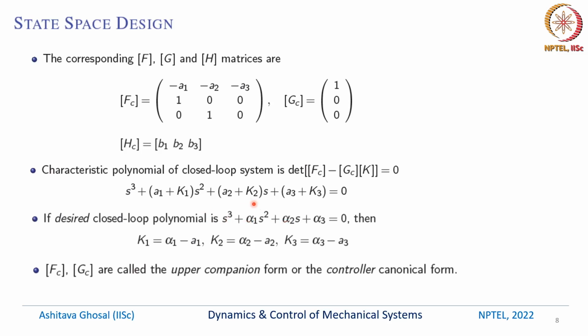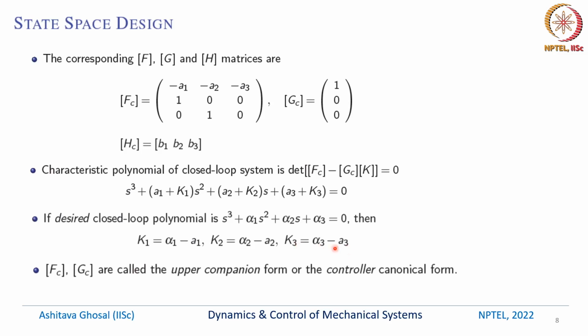If the desired polynomial is, let's say, another cubic, s cube plus alpha 1 s square plus alpha 2 s plus alpha 3 equal to 0, then we can just compare these two cubic equations and very easily see that K1 is alpha 1 minus A1, K2 is alpha 2 minus A2, and K3 is alpha 3 minus A3.